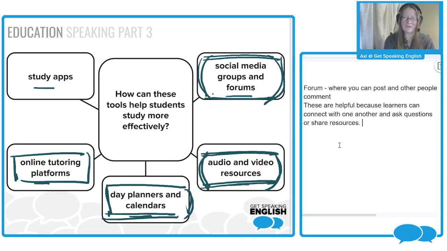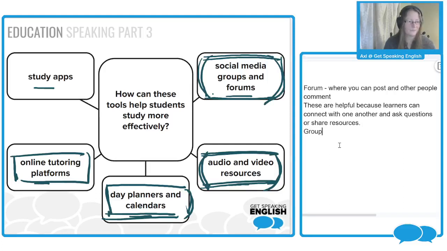Because you're able to post, and then other people can read your post a little bit later. They can comment. You can go back to that information and review it later, or find it maybe a few years from now if you're searching and need help on that topic. So they're helpful in those ways.